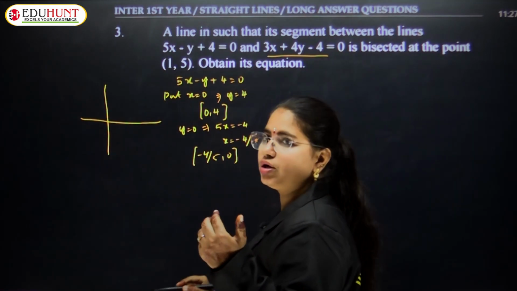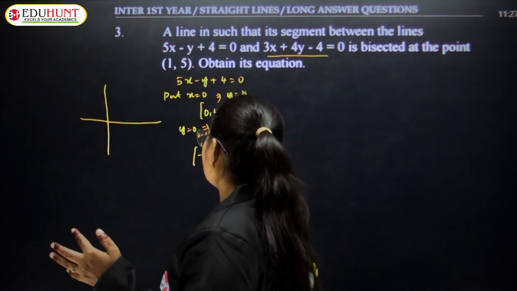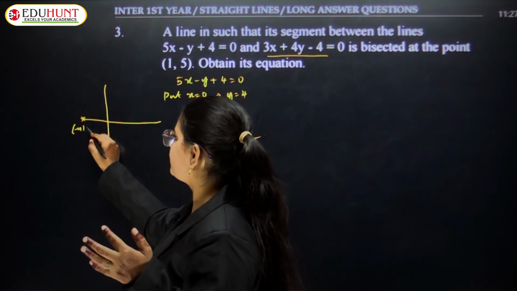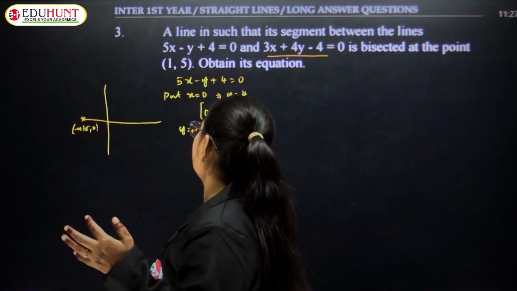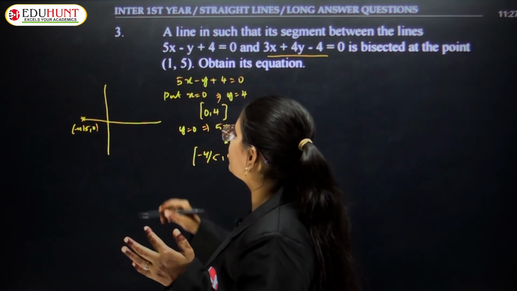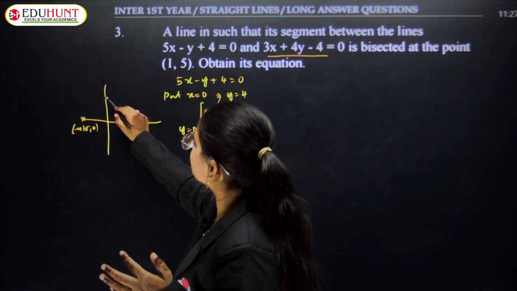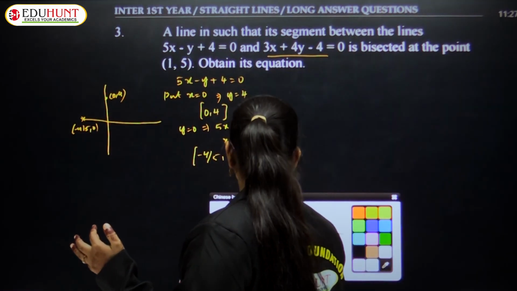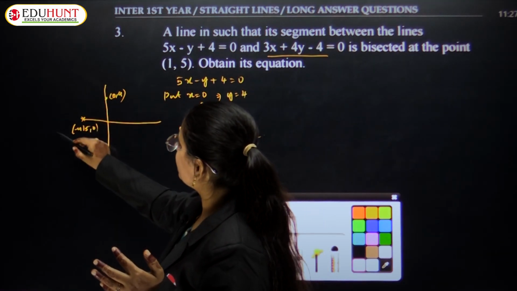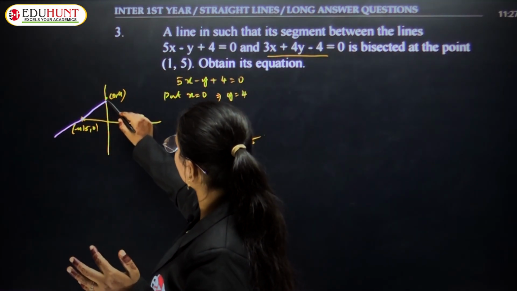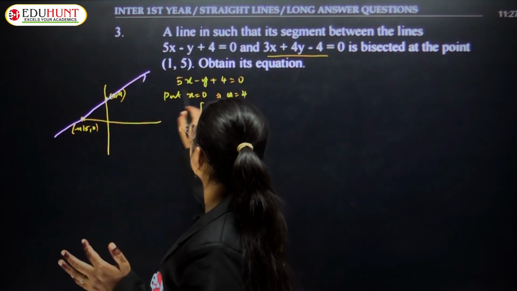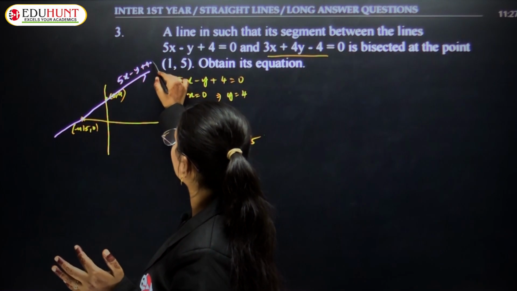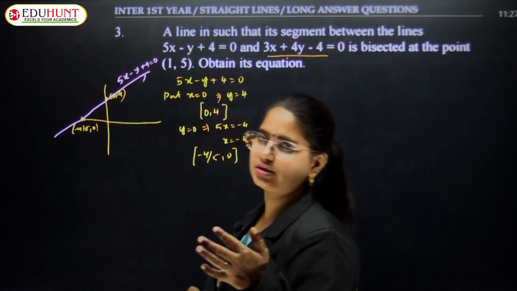If I want to plot a graph, minus 4 by 5, 0 lies approximately here. The next point is (0, 4), which is located on the y-axis. If I plot both, the line passes like this. This line equation is 5x minus y plus 4 equal to 0. This is our first line.